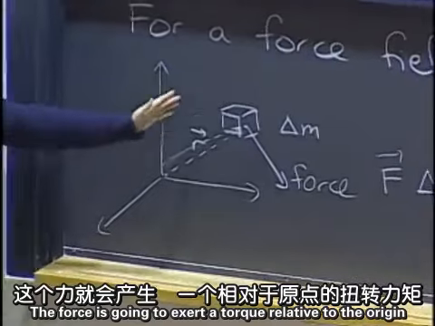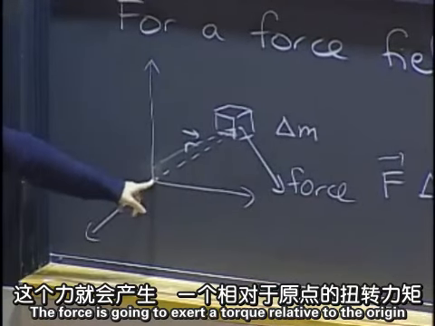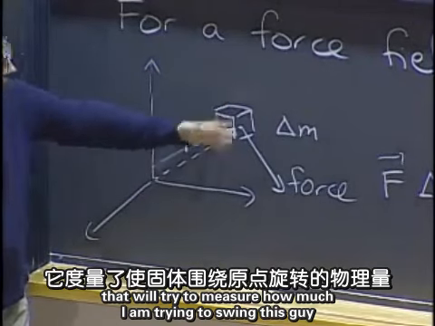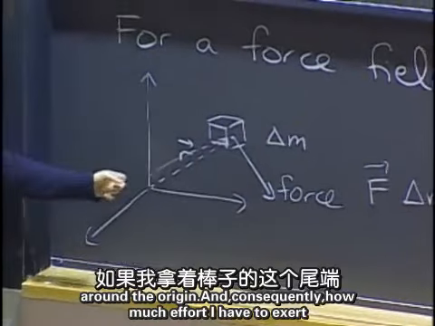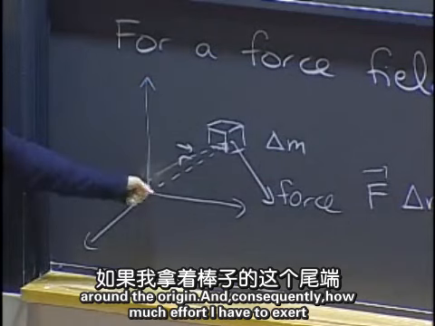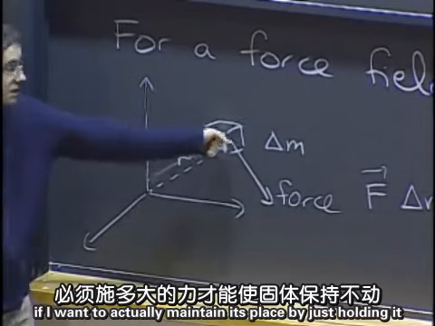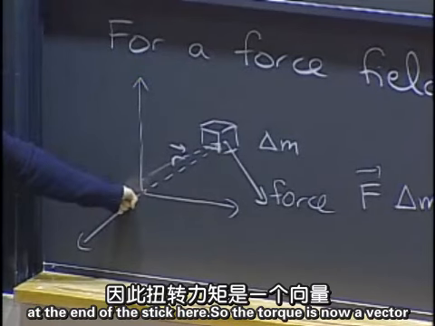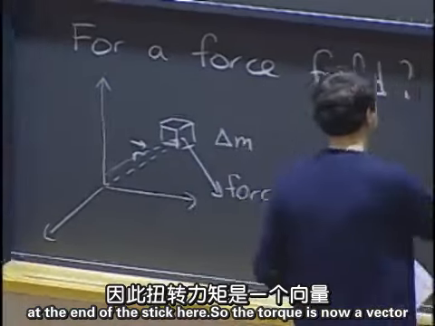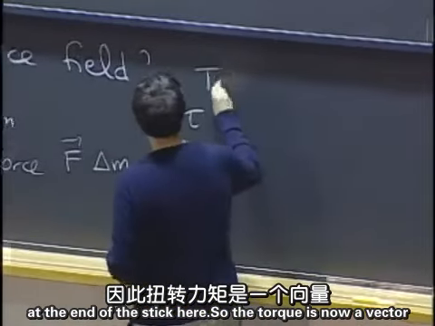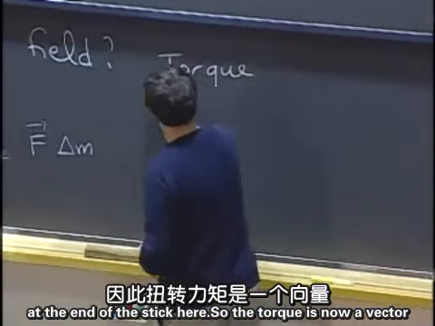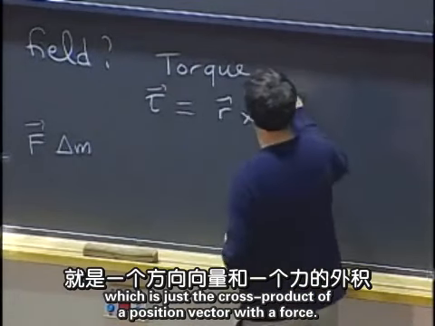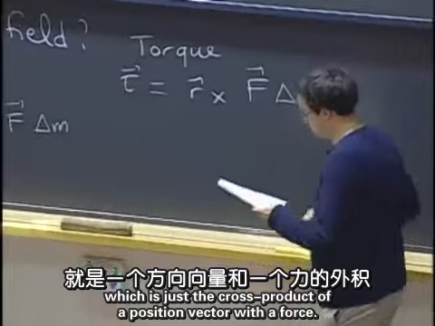So the force is going to exert a torque relative to the origin that will measure how much I'm trying to swing this guy around the origin, and consequently how much effort I have to exert if I want to maintain it in its place by just holding it at the end of a stick here. So the torque is now a vector, which is just the cross product of the position vector with the force.